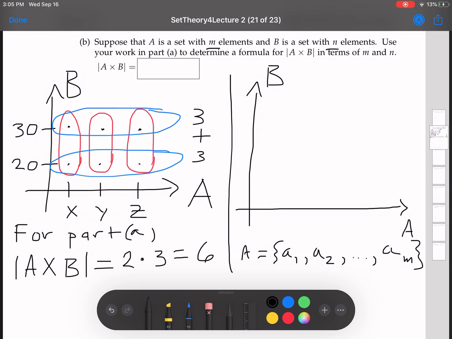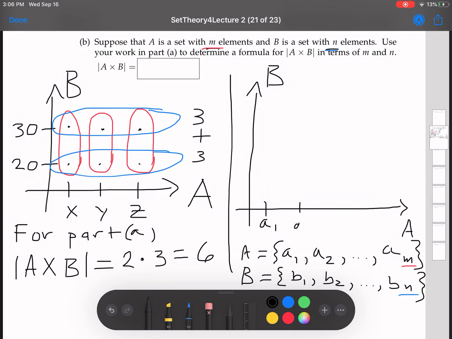Why the M there? Because M and M right there. And then B has the set B1, B2, Bn. So there's the n there. Like that.